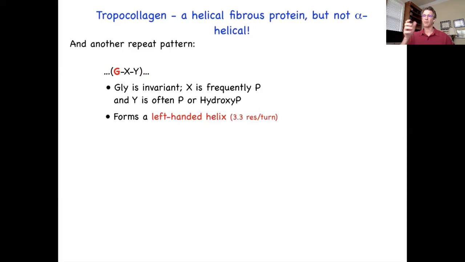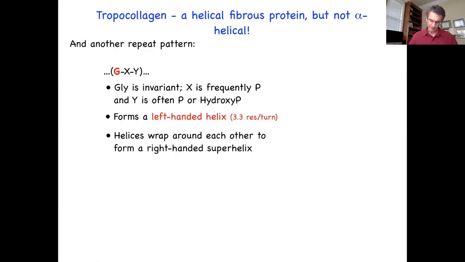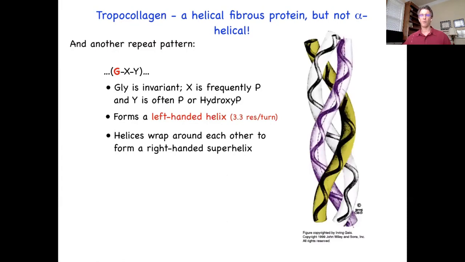But instead of being right-handed propagation, it's a left-handed propagation, right? And that single chain is sometimes referred to as tropocollagen, right? You put 3 of those guys together and they wrap around each other to form a right-handed helical coil with 3 tropocollagens wrapped around each other.